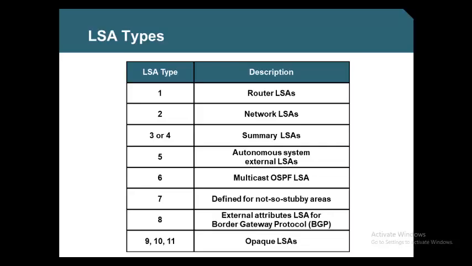In order to differentiate advertisements coming from ABR and ASBR, in order to differentiate the updates coming from the same area and from a different area, we need to maintain different advertisements for each location. So we need different types of LSAs. Only then will we be able to identify from where these routes are coming.